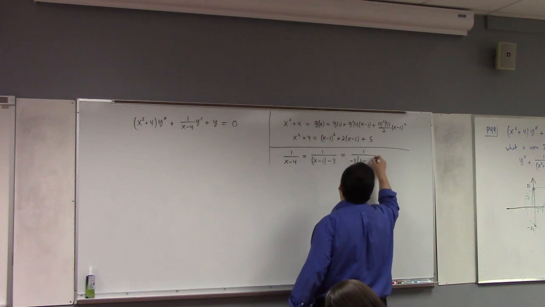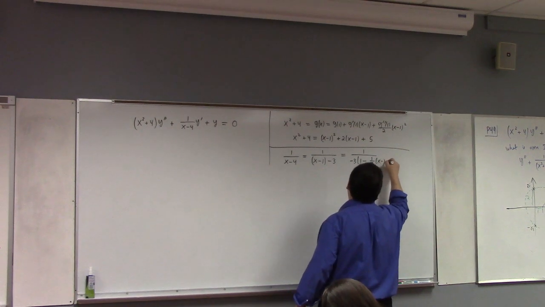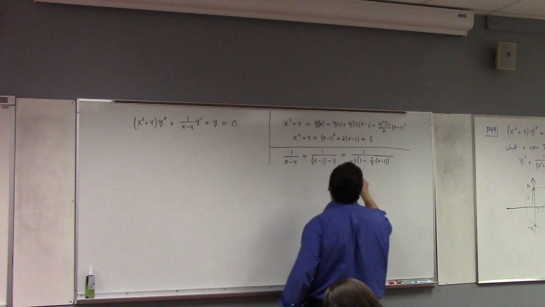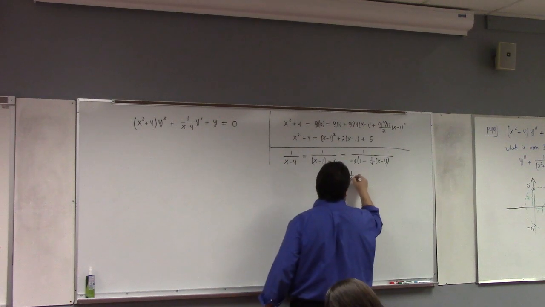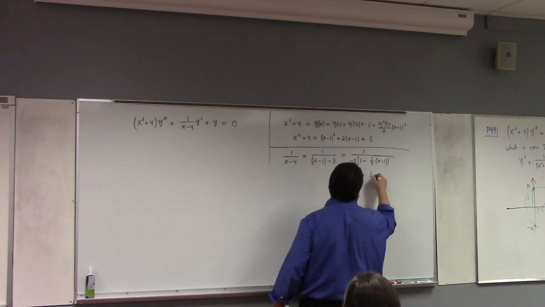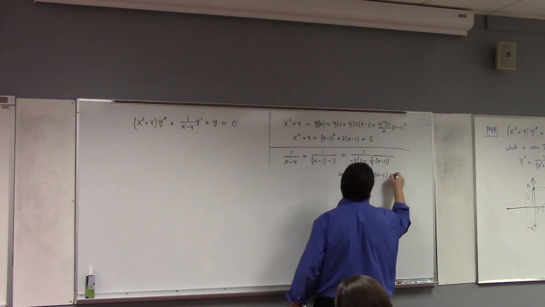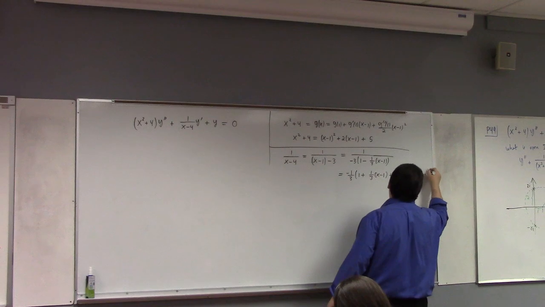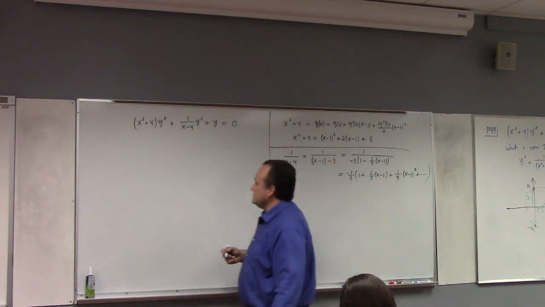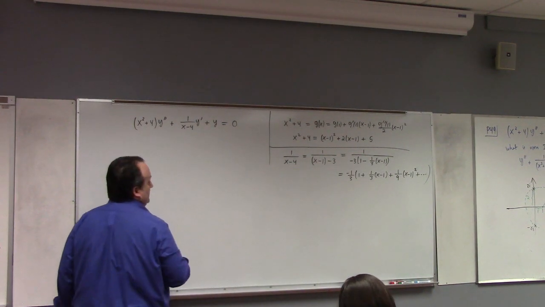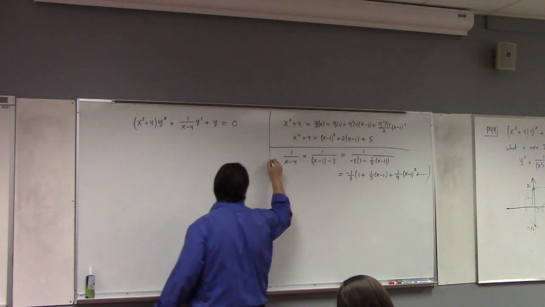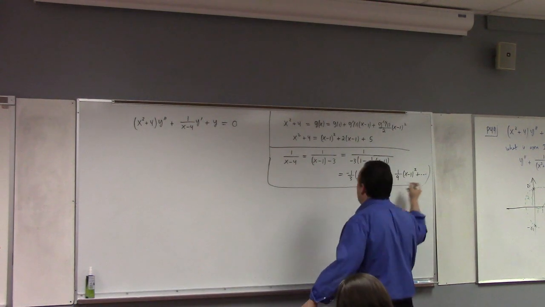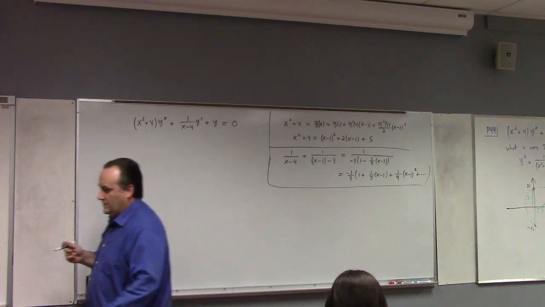That gives me 1 minus 1/3 times x minus 1, which is minus 1/3 times 1 plus 1/3 times x minus 1 plus 1/9 x minus 1 squared. All right. So that's how I would expand those two terms about the center 1.